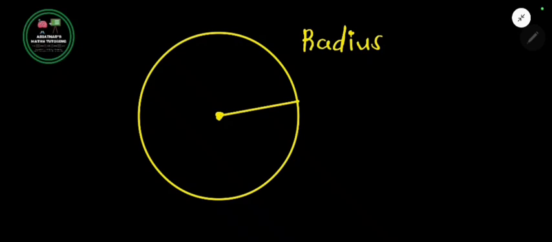A radius is a line from the center to any point on the circumference of the circle. Remember that it must emanate from the center. A line from the center to the circumference. So this yellow thing here, we call it a circumference, guys. And that one is a radius.